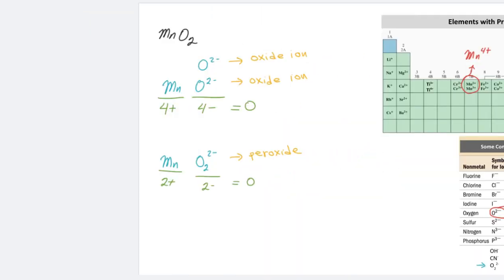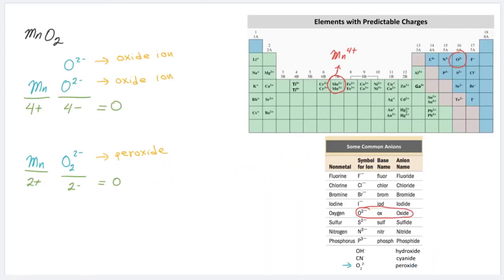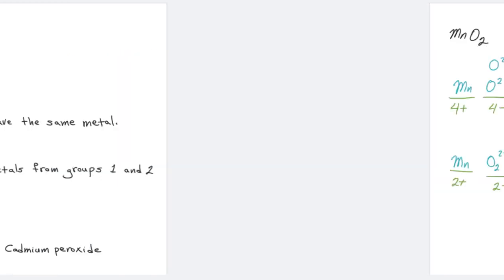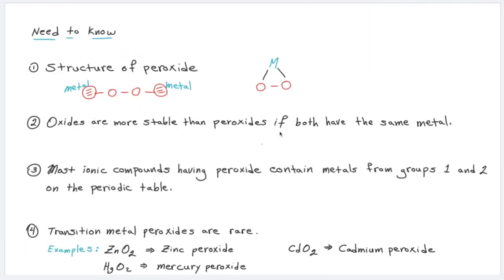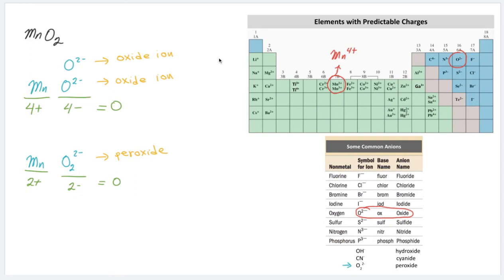Okay, so based on that information, this is from experimental observations. In experimental observation it has been found that oxides are more stable than peroxides, but of course this is when they have the same metal. So when both satisfy the conditions, that means the most stable is the one that is going to be the more correct.